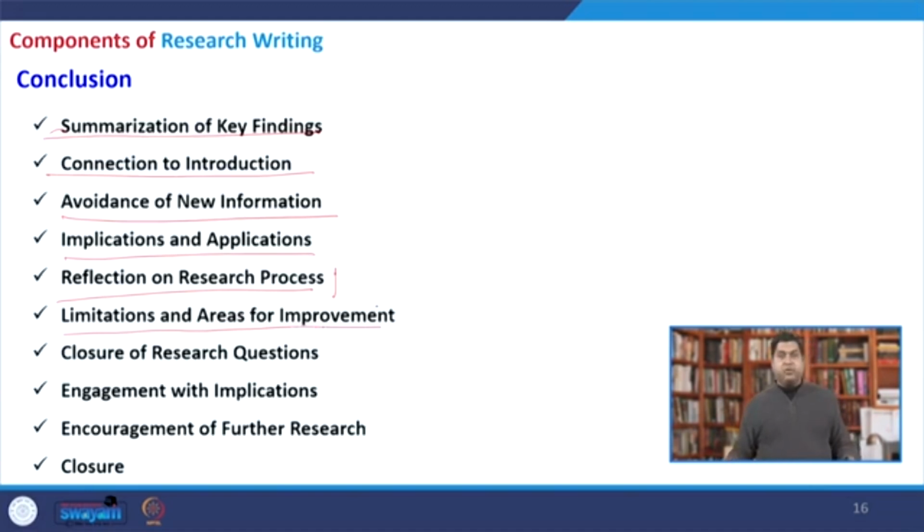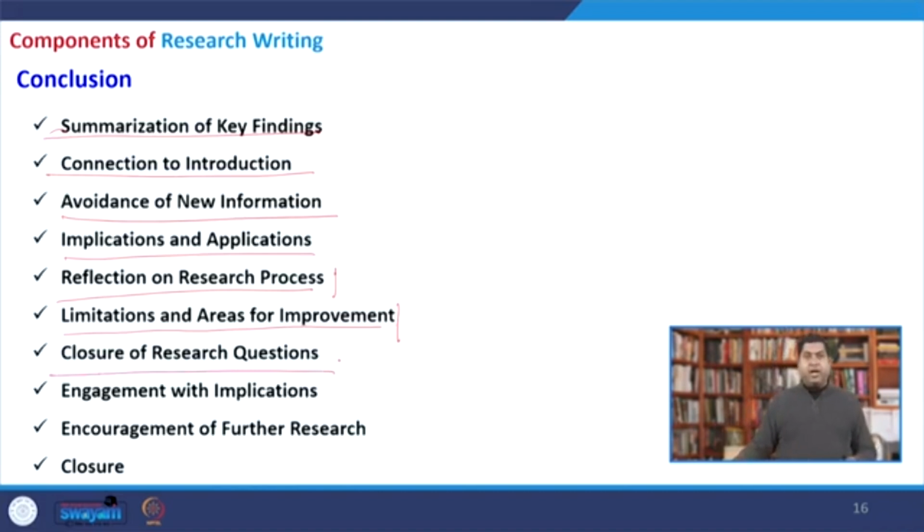Limitation and area for improvement: limitation is very important, that what are the limitations of this particular study. It may be data limitation, sometimes a time limitation, sometimes some other limitations. You specify those limitations in this section, and also the scope for improvement.